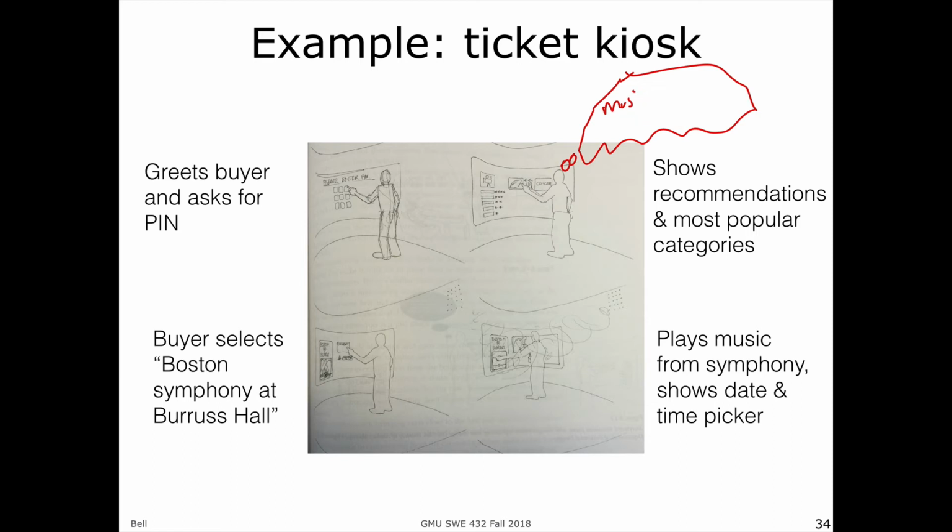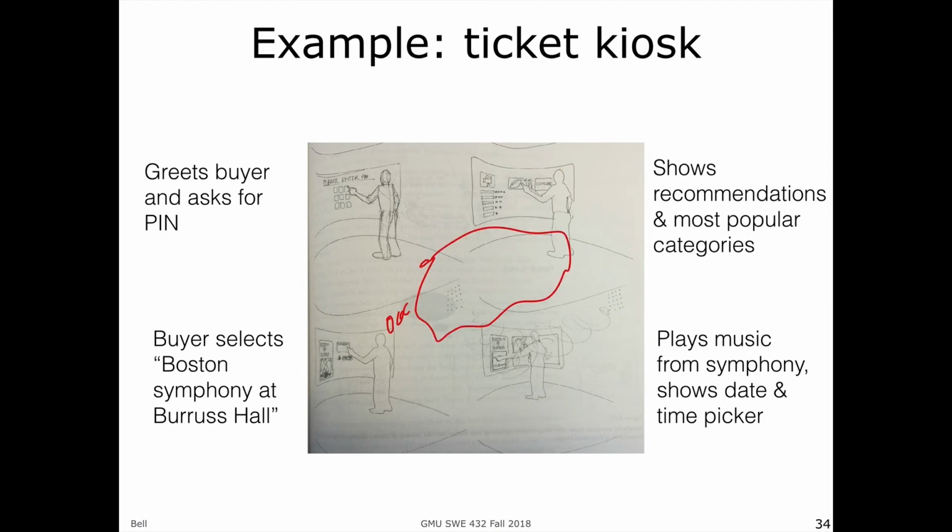But if instead the thought that the user has down here is, oh, no good music today, then it kind of makes clear that the user is going to be stuck if this is the only kind of transition that they can make, which is selecting a symphony. They need some way to go back and select something else.